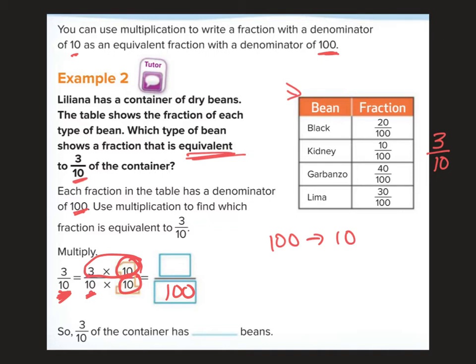So I do 3 times 10 is 30. So 30/100ths is equivalent to 3/10. Okay, so 3/10 of the container has 30 out of 100 beans, or 30 beans, right?